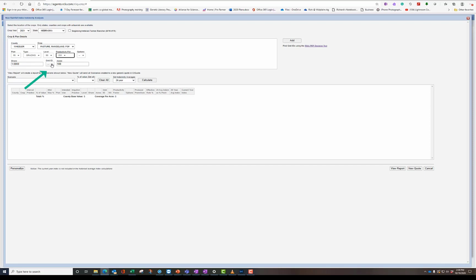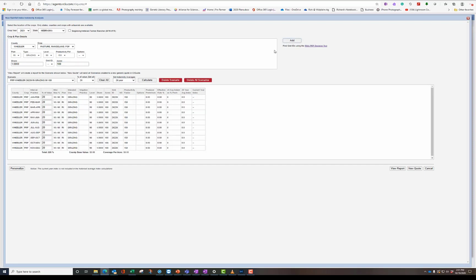We need to enter the grid ID we found earlier in the RMA website. We'll put in 26226, or the grid ID we found. The interval practice is the intervals that are available for us to choose.